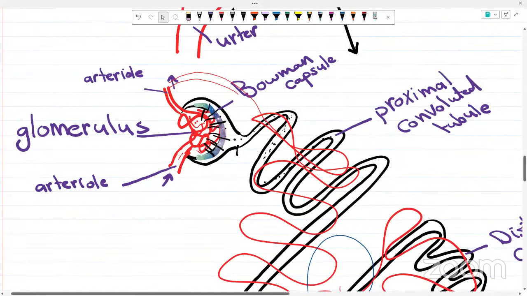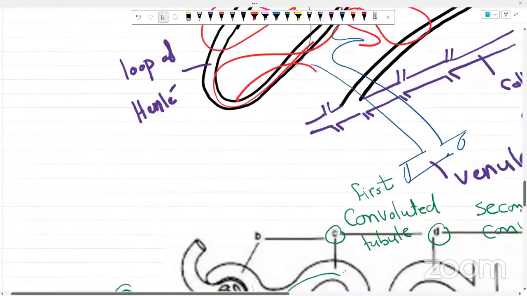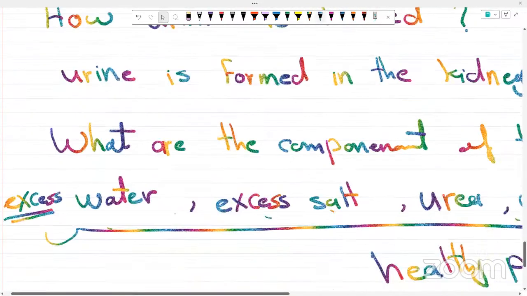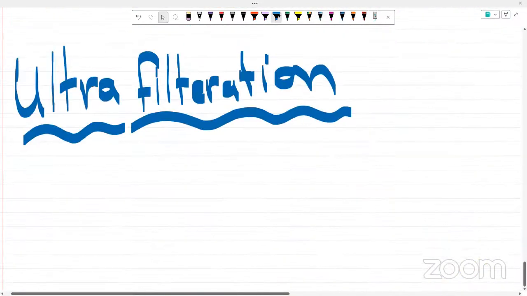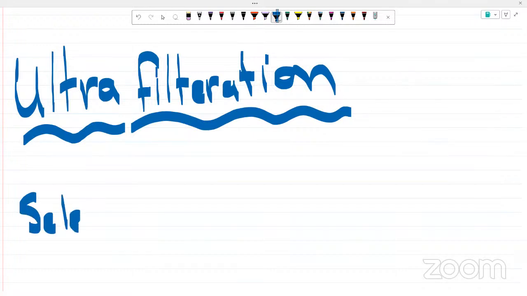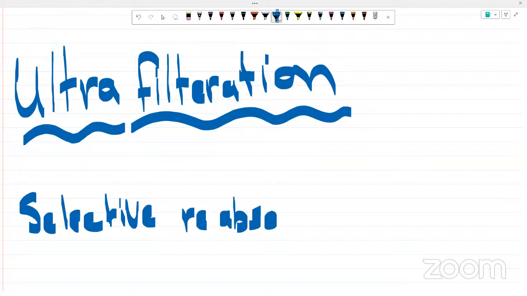What will happen? In the proximal convoluted tubule here, there will be selective reabsorption. So the second step of the urine formation, first one is ultrafiltration, second one is selective reabsorption.